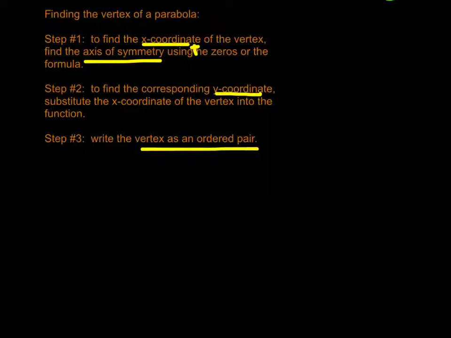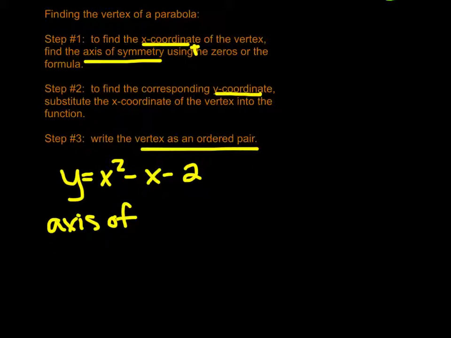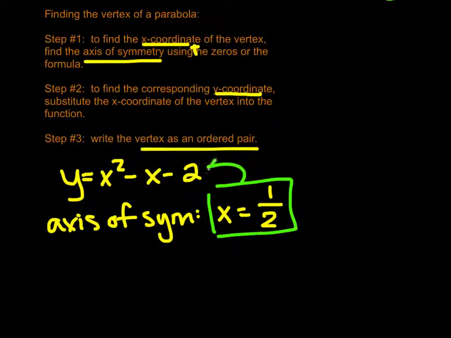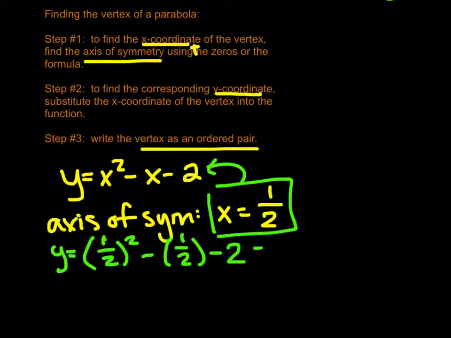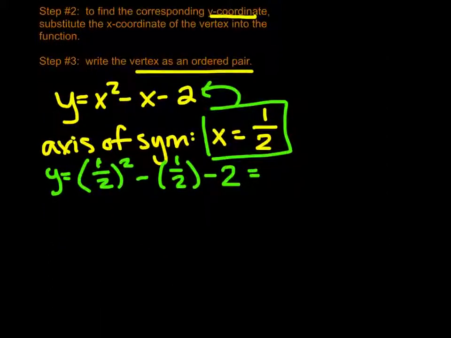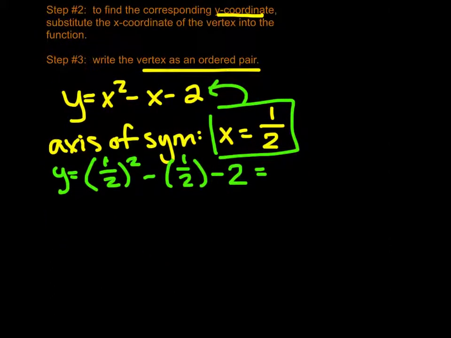So for our equation, y is equal to x squared minus x minus 2, we found that the axis of symmetry, which we've already done, is x equals 1/2. And then after that, we need to put this information into this equation for all of our x's. So y is equal to 1/2 squared minus 1/2 minus 2, and we can do a little bit of math to figure that out. So we're on essentially step 2.